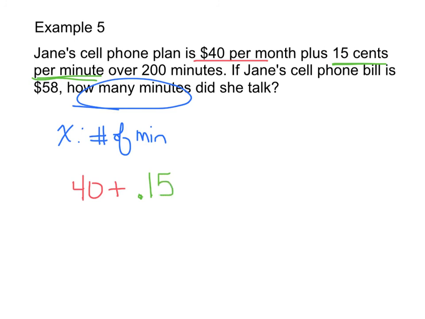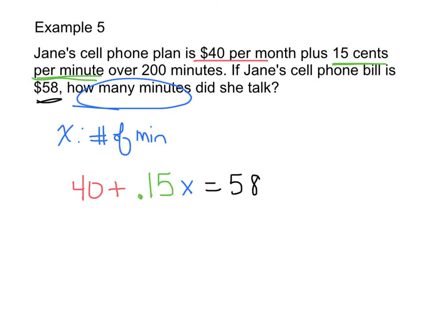Now per minute, well that's what x is. Because x is the number of minutes. Over 200 minutes. Now we don't have to deal with that. That's not money. If Jane's cell phone bill is $58, so we know she spent a total of 58 bucks.